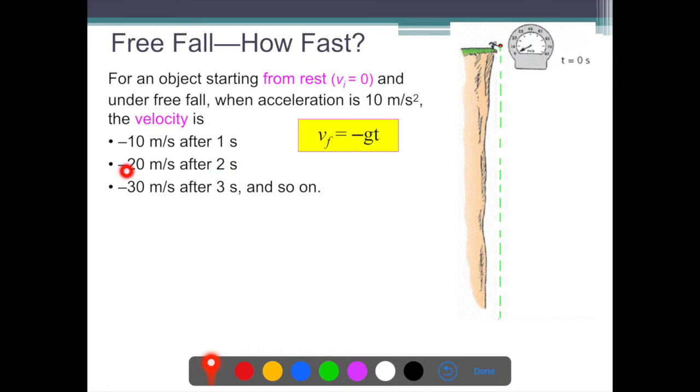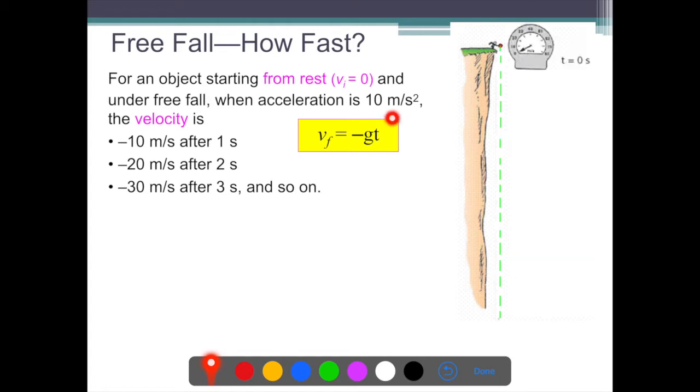So after 2 seconds, the new velocity will now be negative 20 meters per second. That's negative because the direction is again still downwards. After 3 seconds, the velocity is negative 30 meters per second. After 4 seconds, the velocity will be negative 40 meters per second, and so on. So you get the picture there.